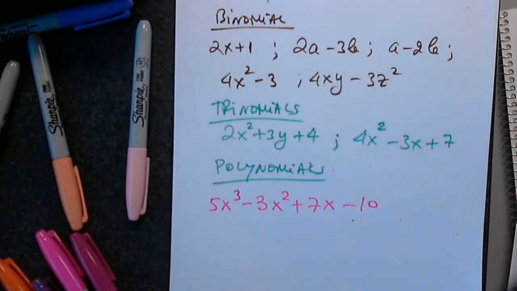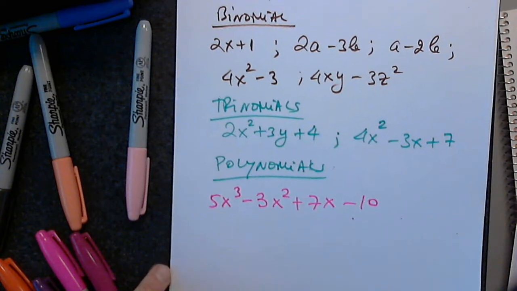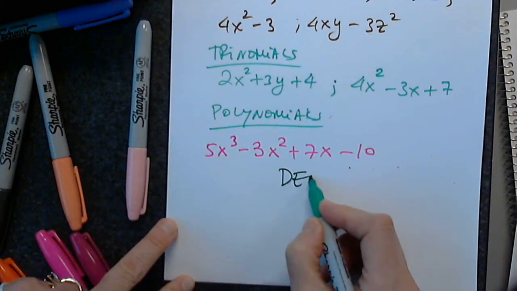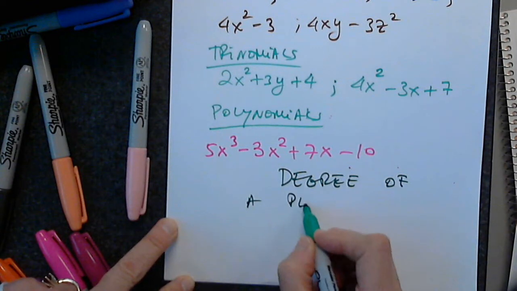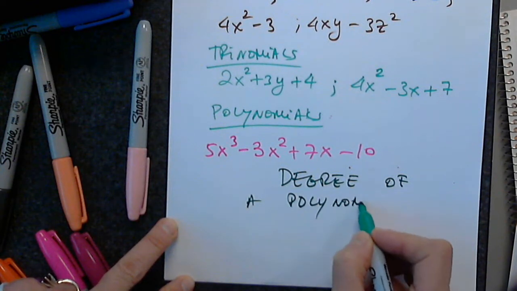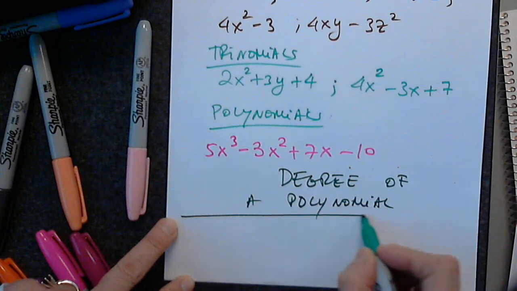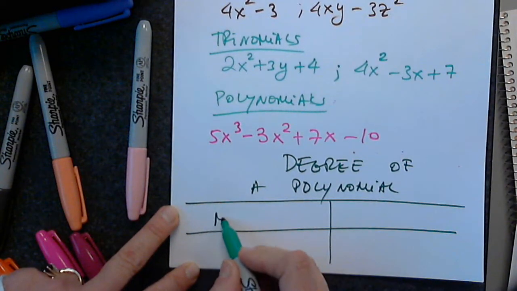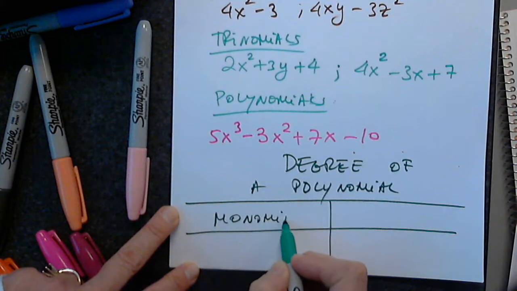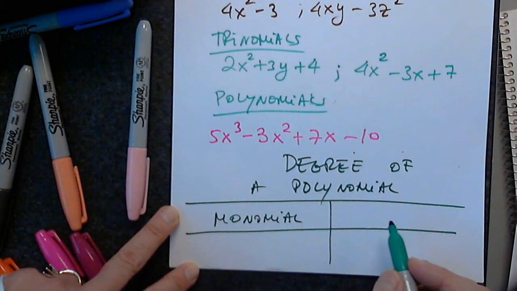Now, we need to talk about what is called the degree of a polynomial, for a monomial and in general, anything else.